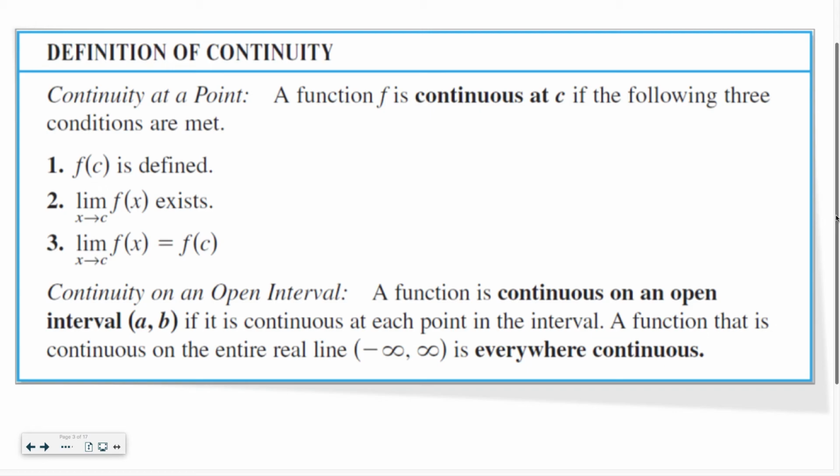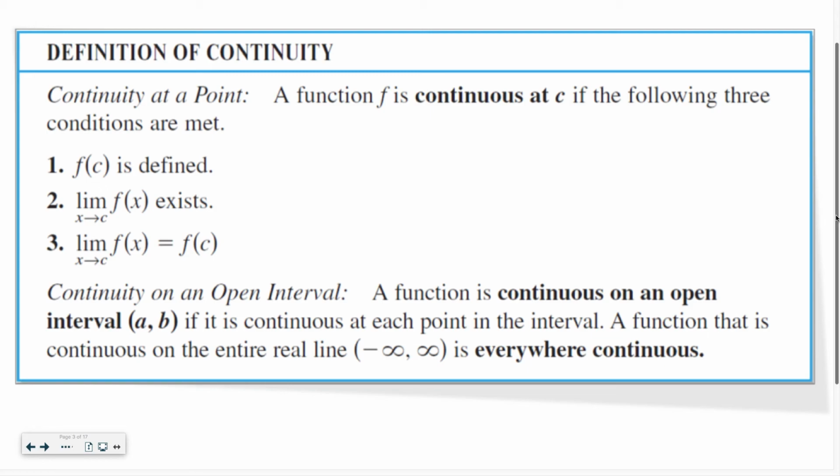Anytime I ask you to verify something is continuous, I better see three things. I better see you checked what f of c is. I better see that you checked to make sure the limit existed. And then you tell me that the limit and the function value are the same. Sometimes I have people only check the limits and go from there, but make sure you also include the function value. Okay?